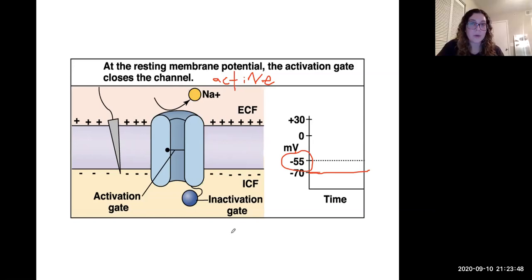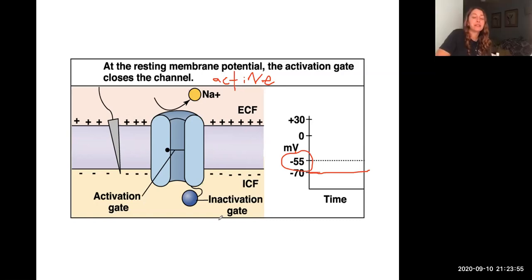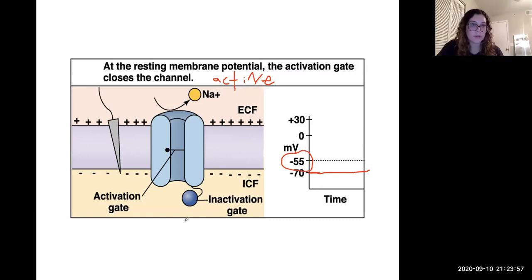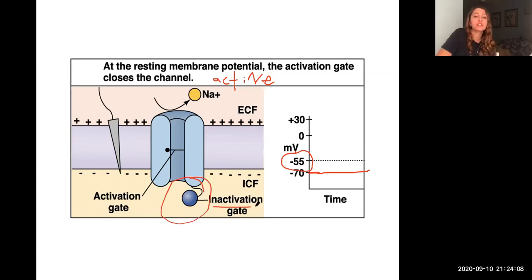Wait, so in this picture, it's saying it's closed but active or inactive? Yes, it's active. See, this little ball means that if it's closed, that would mean that it's inactive.